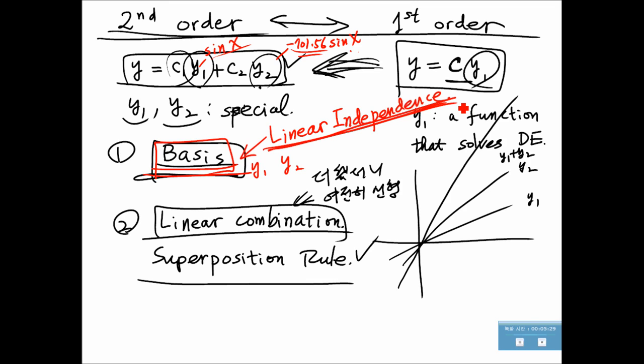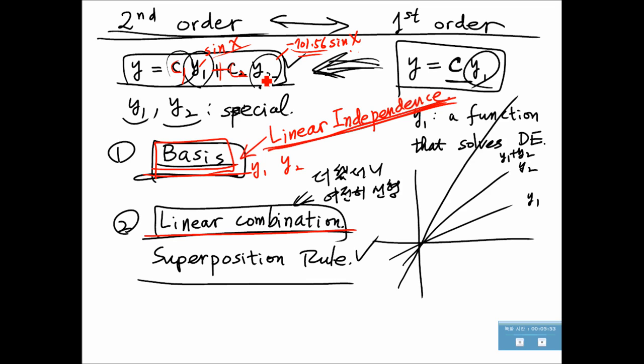I'm going to explain the meaning of linear independence. And you have to figure out the real meaning of linear combination, that is C1 y1 plus C2 y2.